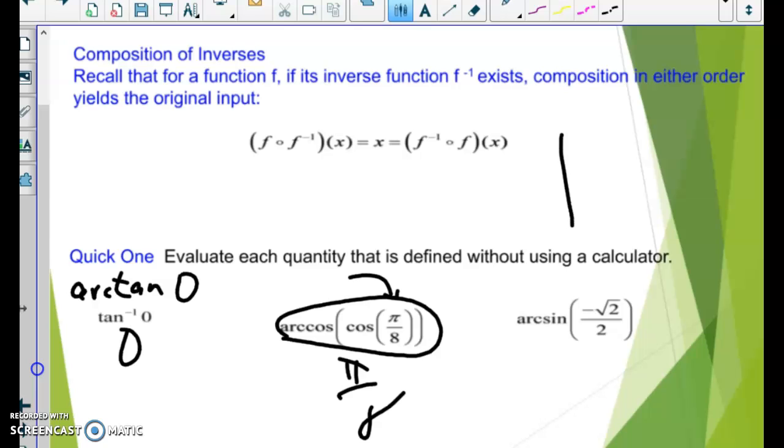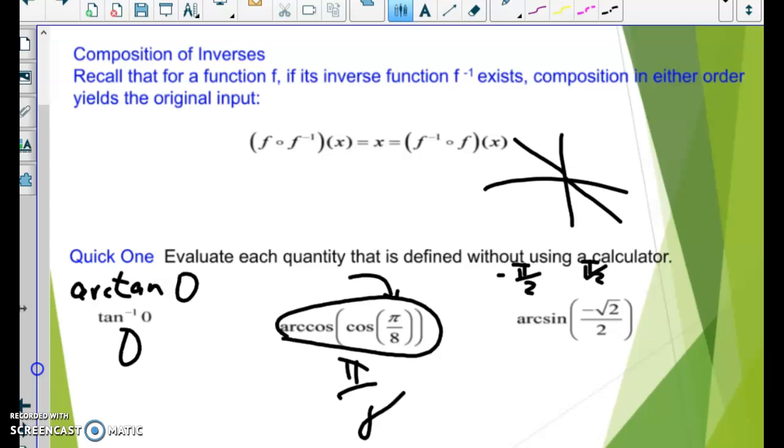Now we want to find the angle whose sine is negative root 2 over 2. Well, we know that that happens twice on my unit circle. One of them is over here, and one of them is down here. On the unit circle most of these values happen twice, but we have to pick the one where it's defined. This one's defined from negative pi over 2 to pi over 2.